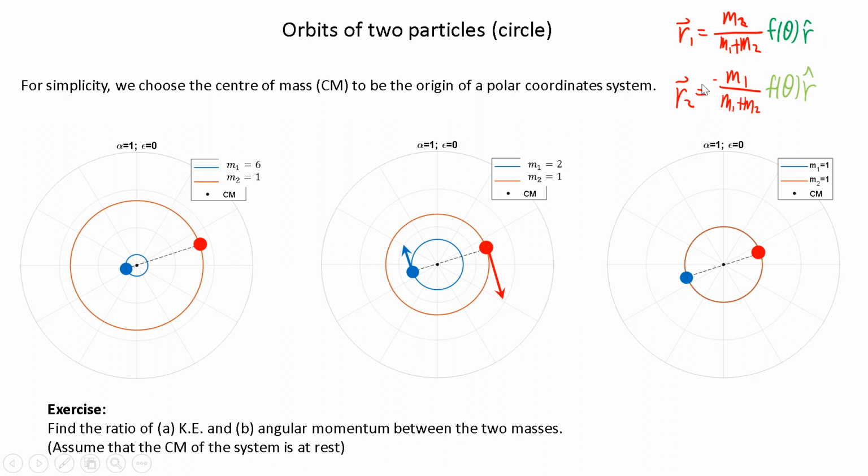Because of this minus sign, it's easy to see that the 2 masses are always opposite to each other.